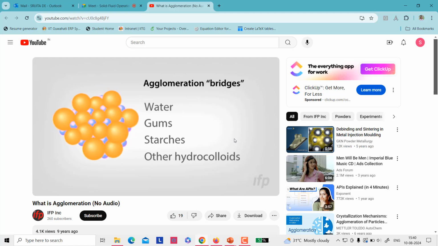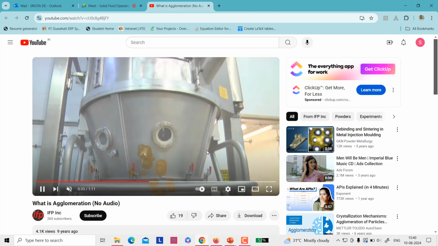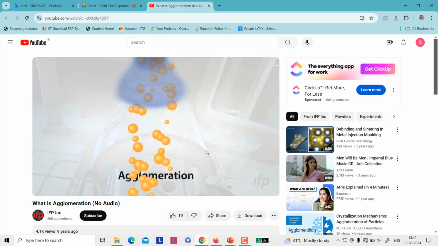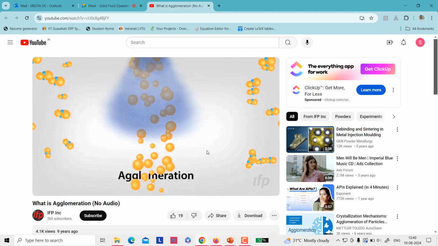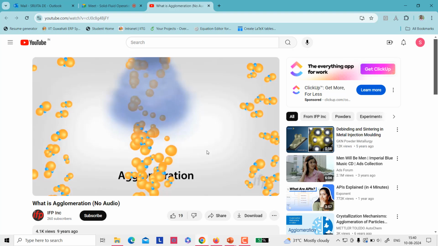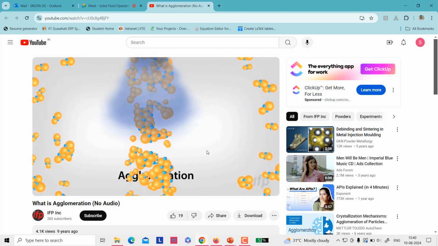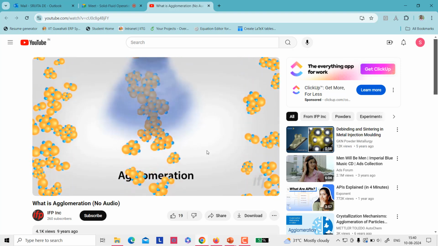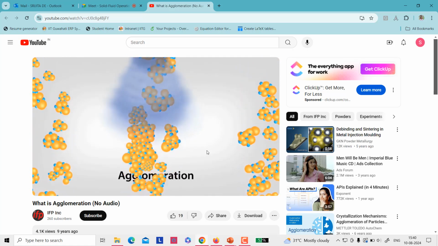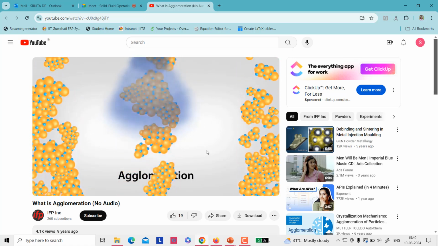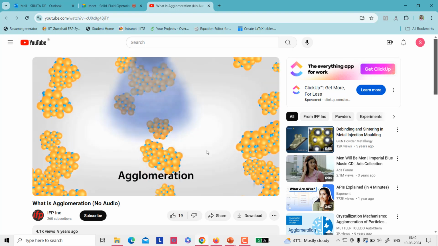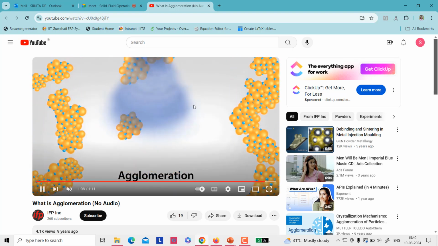This is called agglomeration. In a real industry, it will mix with the smaller particles, agglomerate, and then they are separated. You see the amount of agglomeration keeps increasing as the process proceeds.